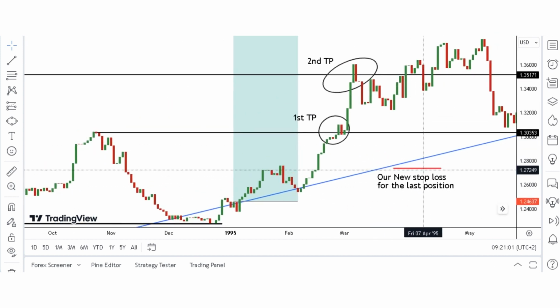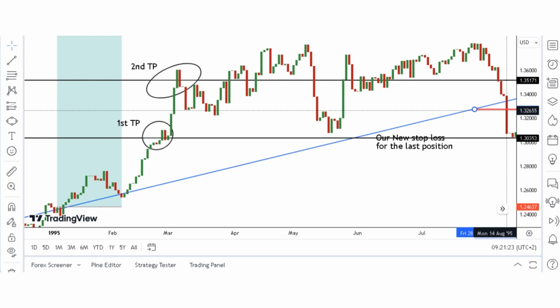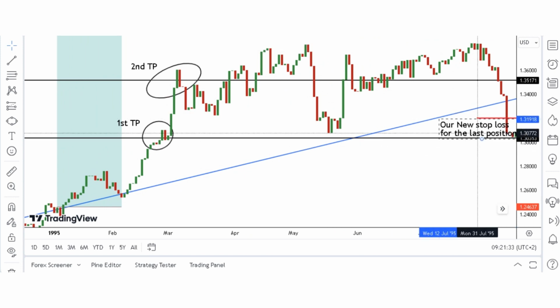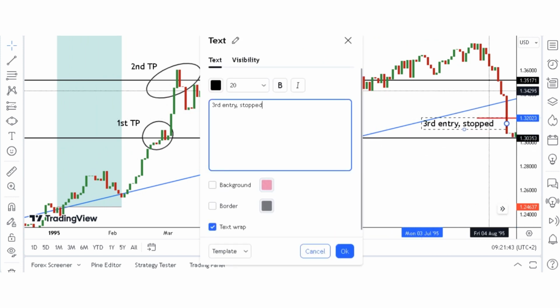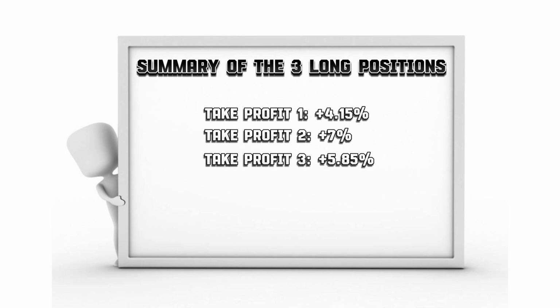The price continued its upward trajectory until we were eventually stopped out in the proximity of the 1.32 area, yielding a profit of 5.85%. In summary, we had 3 long positions that yielded profits of 4.15%, 7%, and 5.85%, each with a stop loss of 3.5%.